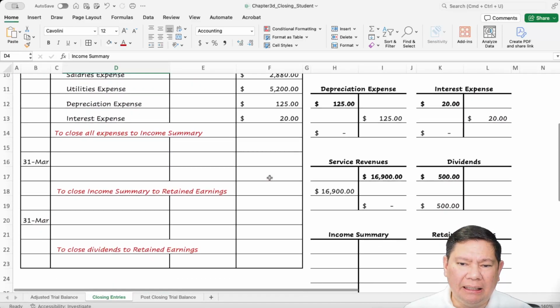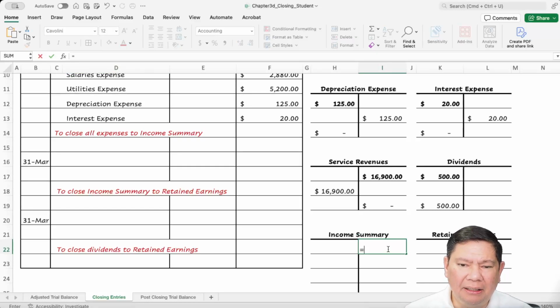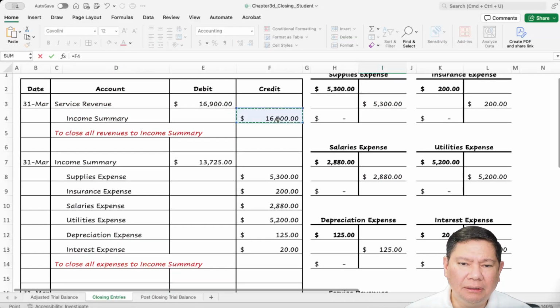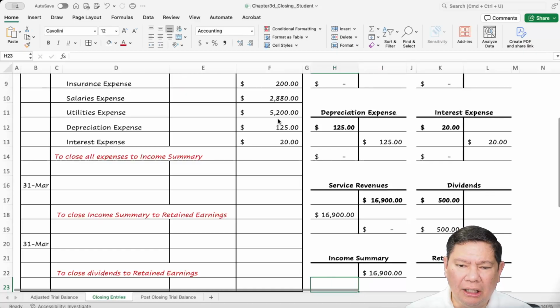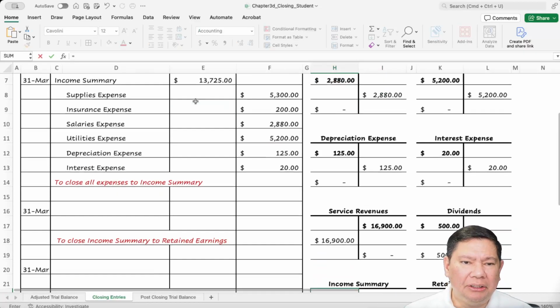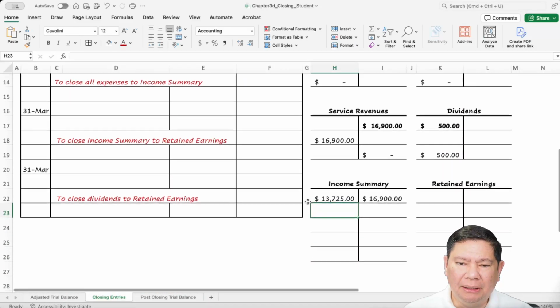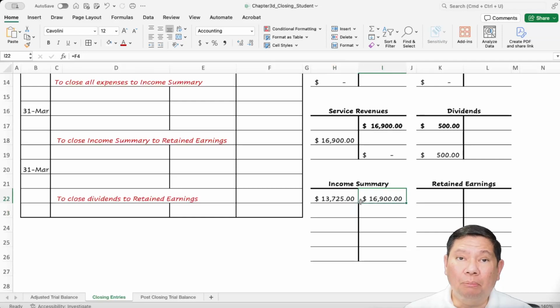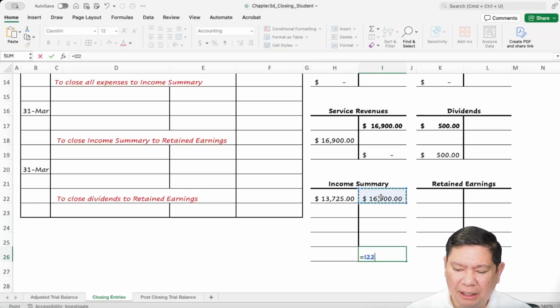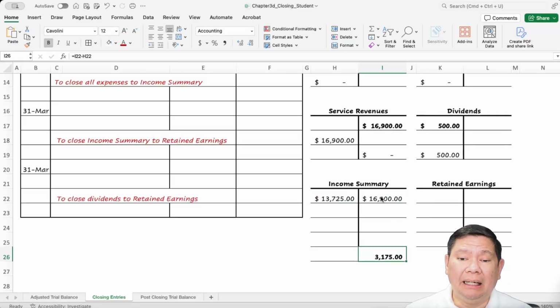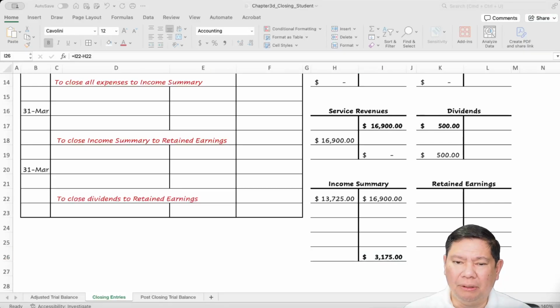Now this income summary then has a number, right? On the credit, 16,900. Okay, on the debit, it's 13,725. Because we have more credit than debit, the total difference is going to be the profit, $3,175 profit.